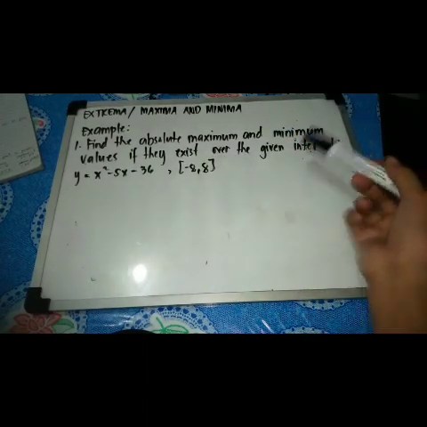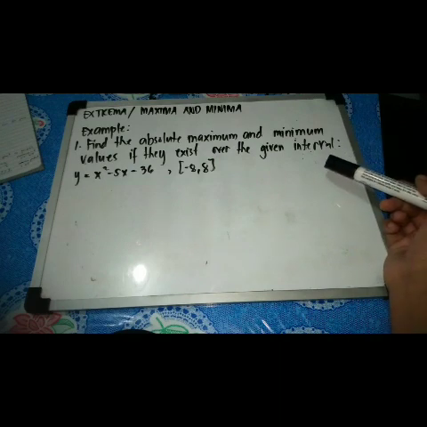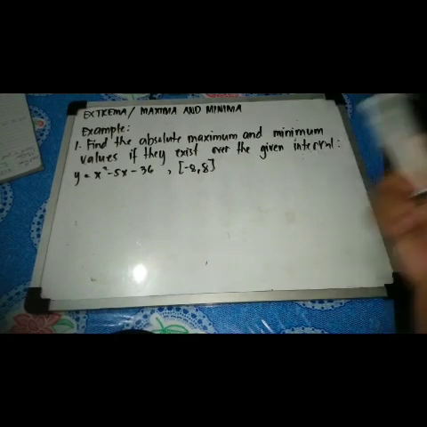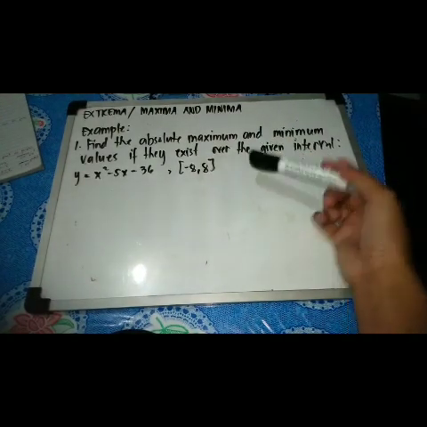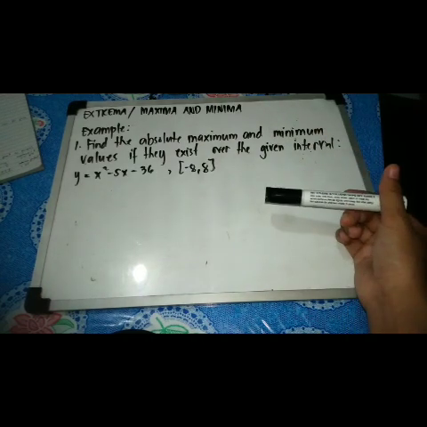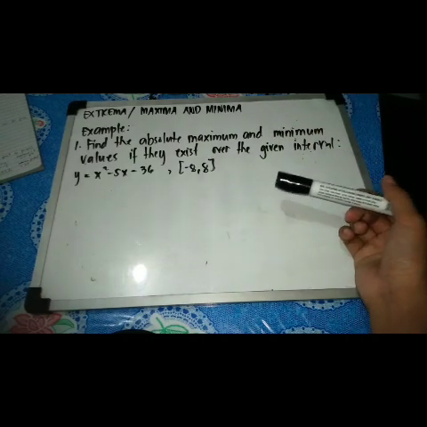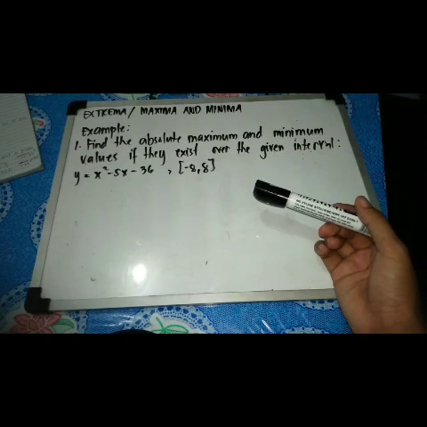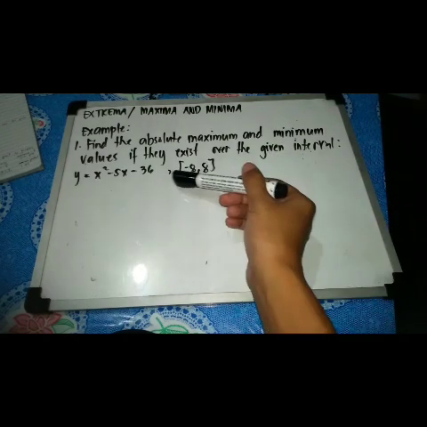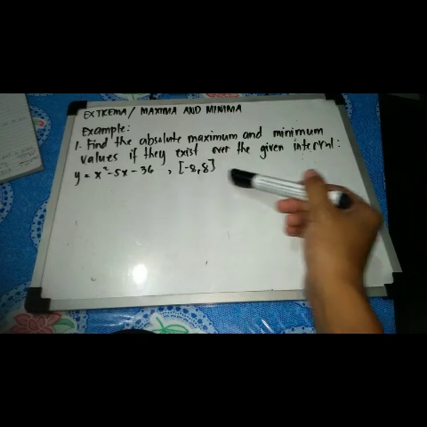And when we say absolute minimum, it is the lowest value. Rather, the word local or relative maximum or minimum is used to distinguish such a point from an absolute maximum or minimum. So this is our given interval.